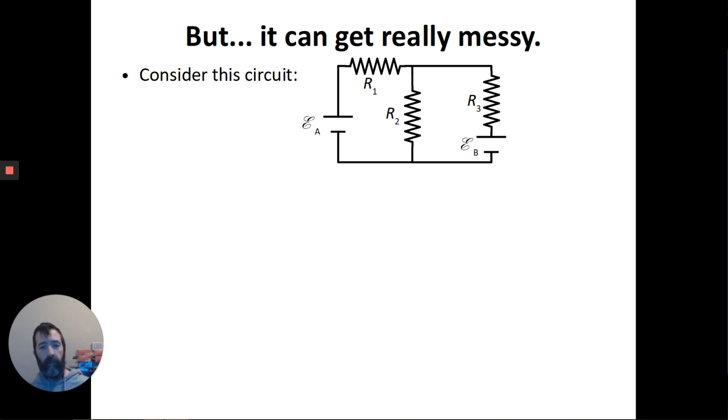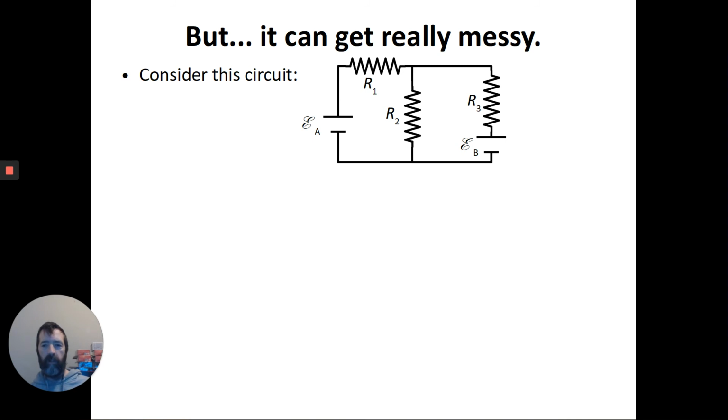So I have this circuit. I don't have any numbers in this example because I want to show you how the equations are set up. But if this were a real problem, I would give you a subset of the numbers and ask you to find the other ones.